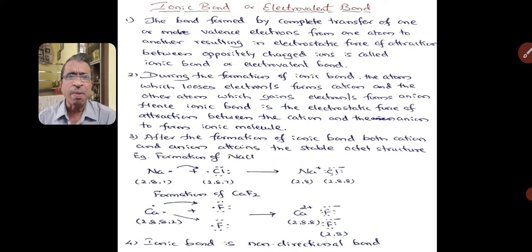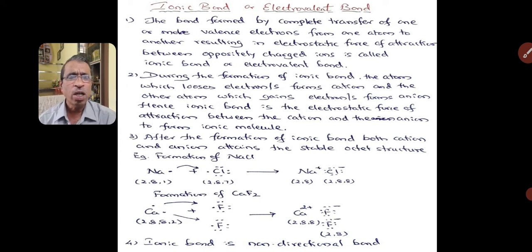Let us take some examples. Coming to the first one, formation of sodium chloride. In the formation of sodium chloride, the sodium atom contains one unpaired electron in the outermost shell. Its electronic configuration is written as 2,8,1. Similarly, the electronic configuration of chlorine is 2,8,7 because it contains 7 electrons in the valence shell.